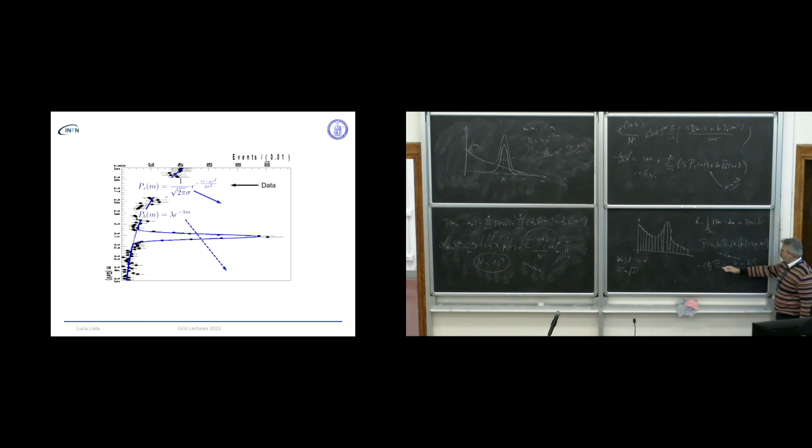And if I do the product of many of these terms, I end up with the sum of this term. And this is the so-called chi-square variable. I anticipated something that I wanted to show you later on.